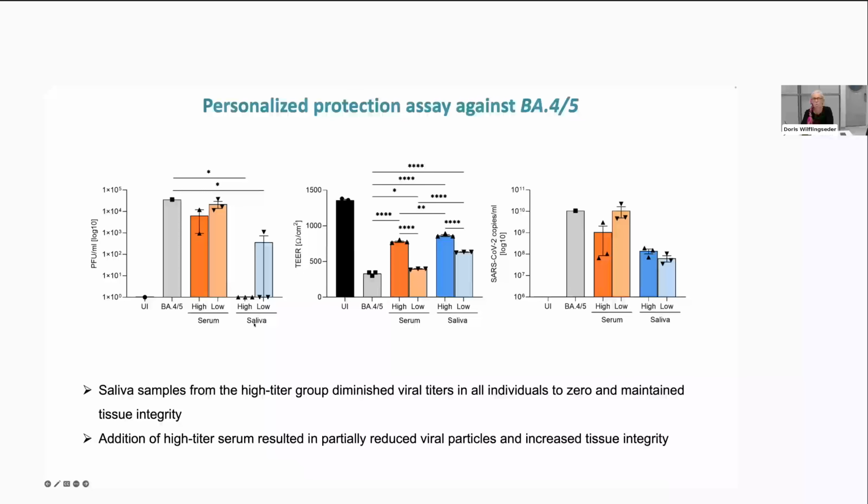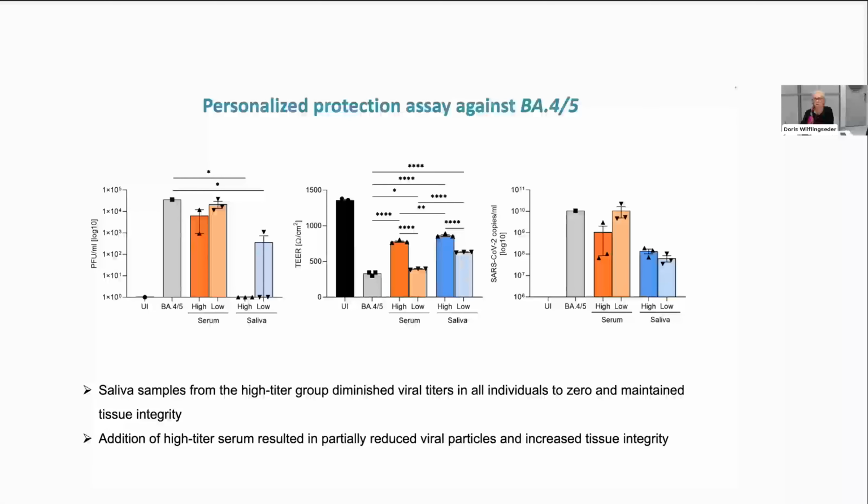The tissue integrity was not as high as with uninfected samples, but nevertheless significantly higher compared to infected samples, or to samples where saliva with low antibody titers was added to the apical site. We also found that addition of high titer serum resulted in partially reduced viral particles and also increased tissue integrity.